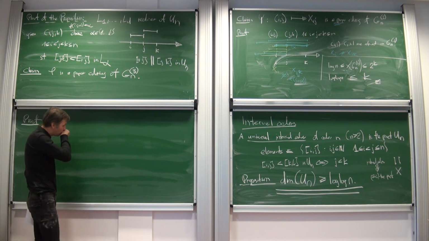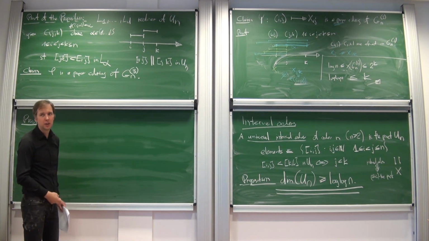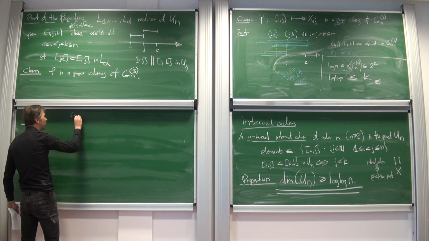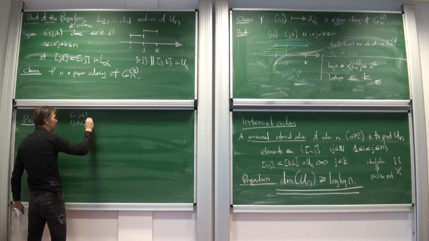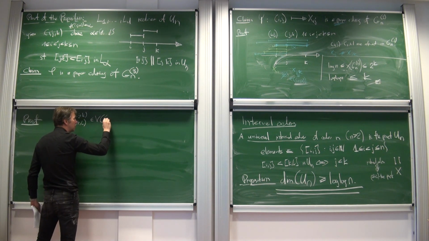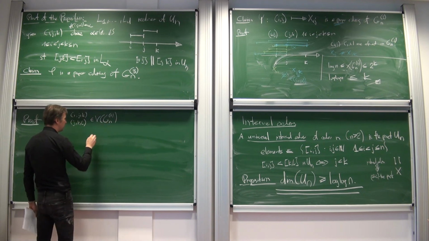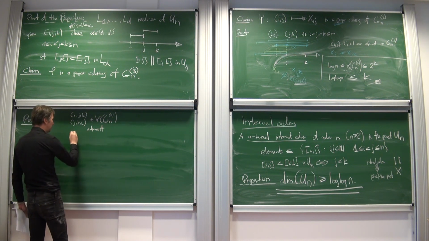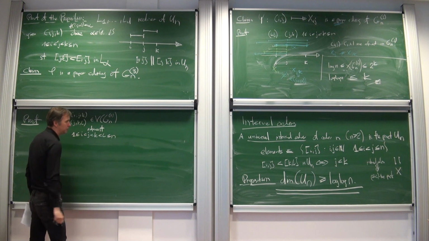We need to take two vertices from GN3 that are adjacent, and we need to show that they have distinct colors. So we take ijk and we take jkl. They are vertices of GN3. They are adjacent. We do have that 1 is less than or equal to i, less than j, less than k, less than l, less than or equal to n.